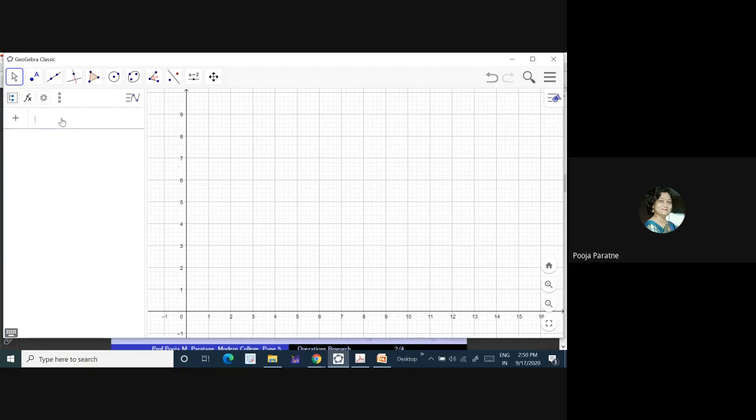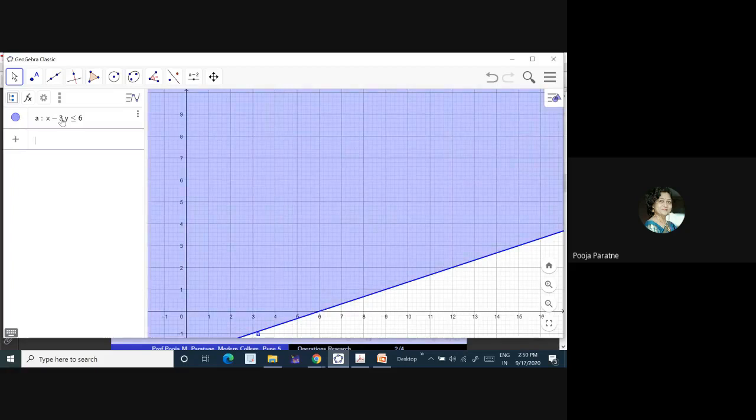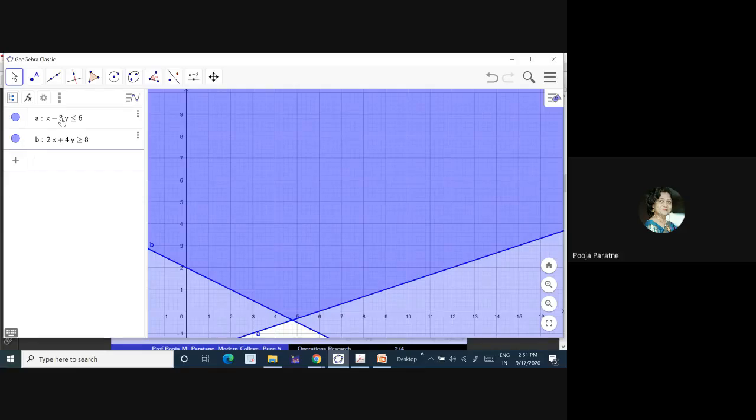So the first constraint is x minus 3y, where we are considering x and y, less than or equal to 6. Okay, so this is the first constraint and its respective feasible region. The second constraint is 2x plus 4y is greater than or equal to 8. Yes, we are getting this feasible region for this line, and automatically it is forming the common feasible region.